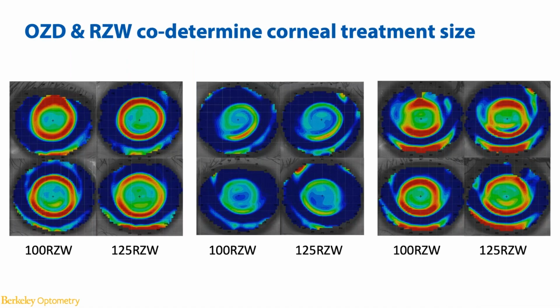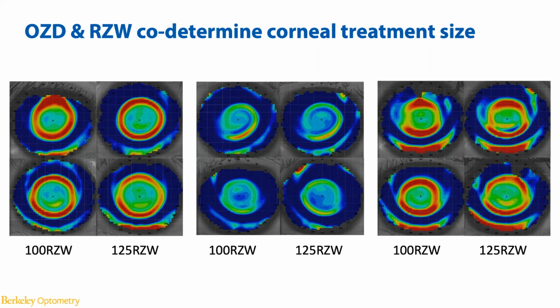So this is basically the results we're getting from this pilot study. And each vertical pair, let me actually make it this way. So you can see there are 3 subjects, 6 eyes results. And on the left side is both eyes wearing the 1mm return zone width. And again, these are both 5mm optic zone diameters with a slightly different width of the return zone.